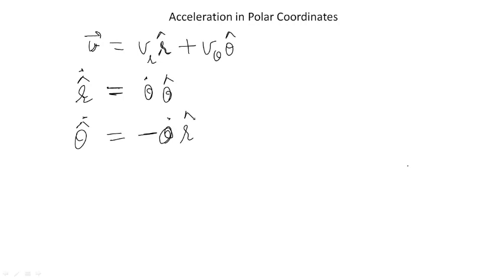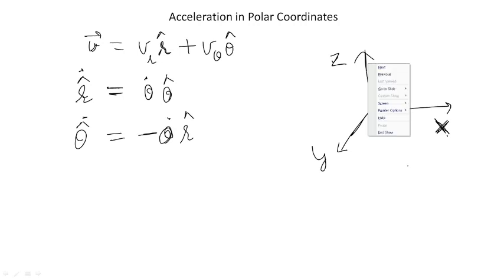Now here we will consider a three-dimensional case. Let us assume that there is a particle placed in three-dimensional space, and this is your x-axis, this is your y-axis, and this is the z-axis.